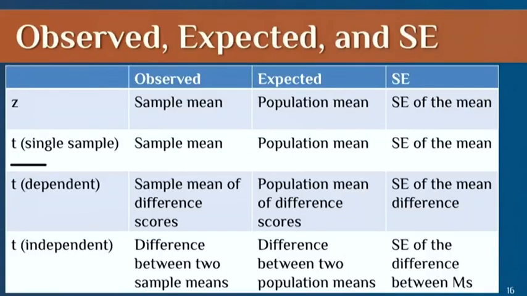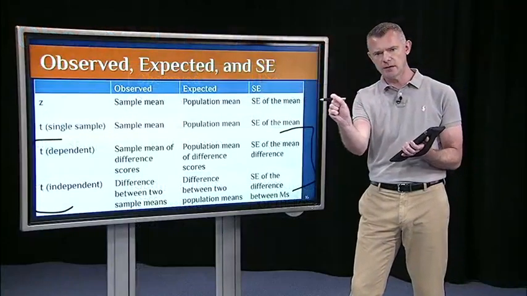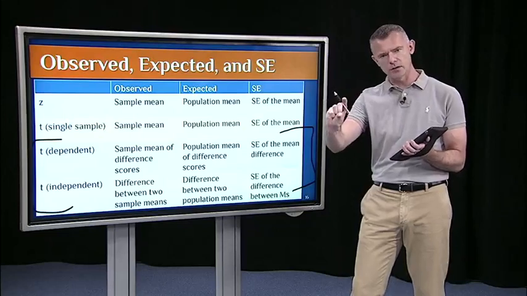Again, what I'm going to focus on in the next two segments are the dependent and independent tests. In the dependent test, the observed is the sample mean of difference scores. Remember, you have the same people measured twice, so you calculate the difference score for each individual and then average the difference scores.